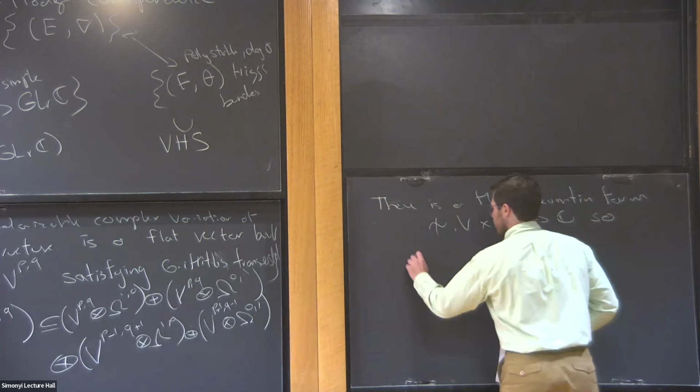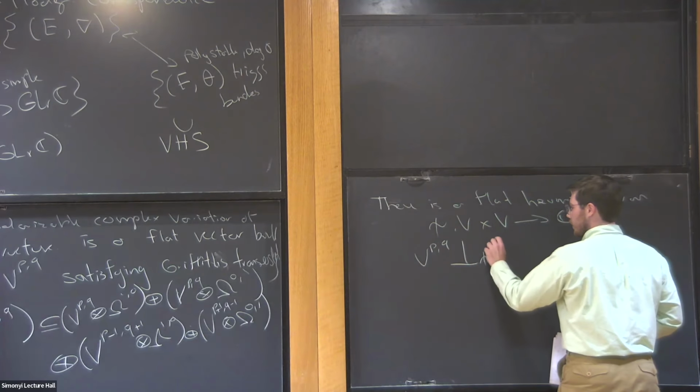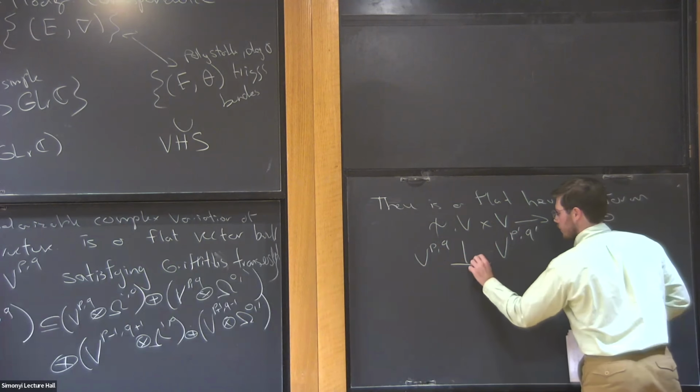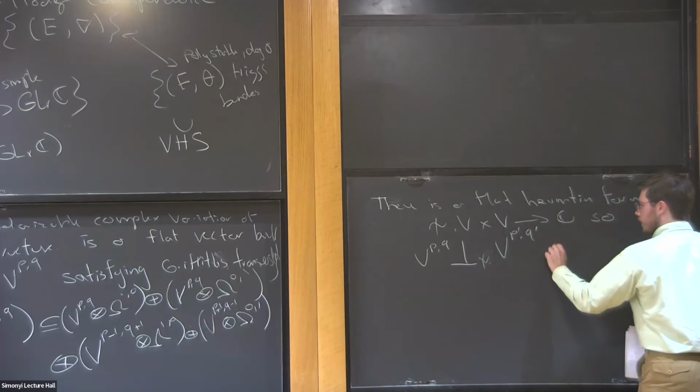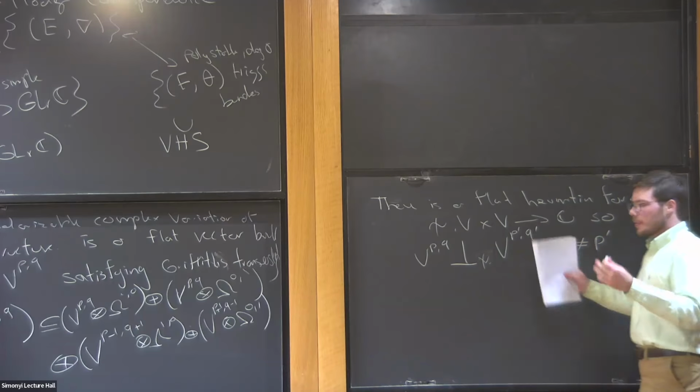So the PQ and the P prime Q prime are orthogonal for P prime different. And then there's a positivity condition.